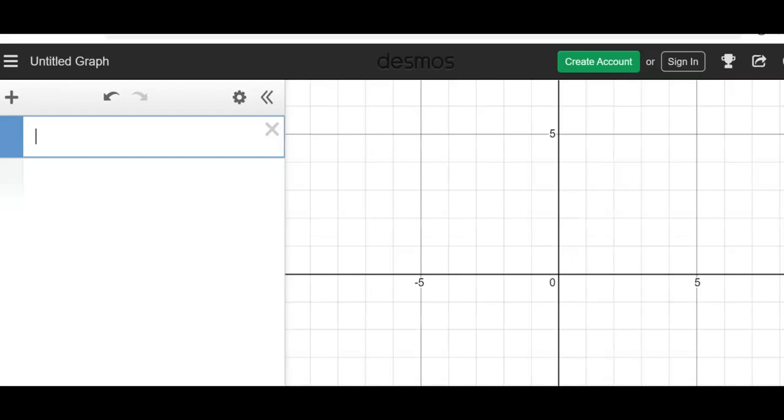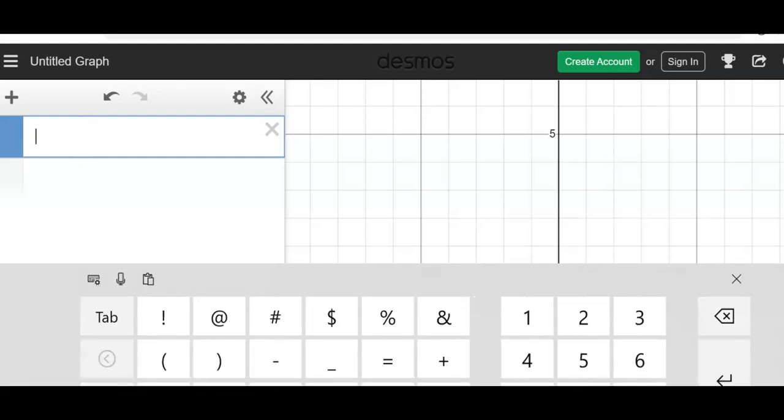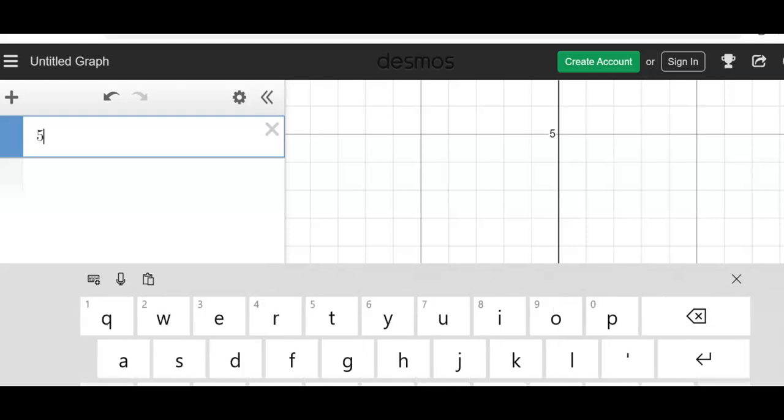Then in this little window up here to the left, after we've clicked start graphing, we can type in just the part to the right of the y equals. So I'm going to type in 5x, and then I want to raise it to the 5th power.